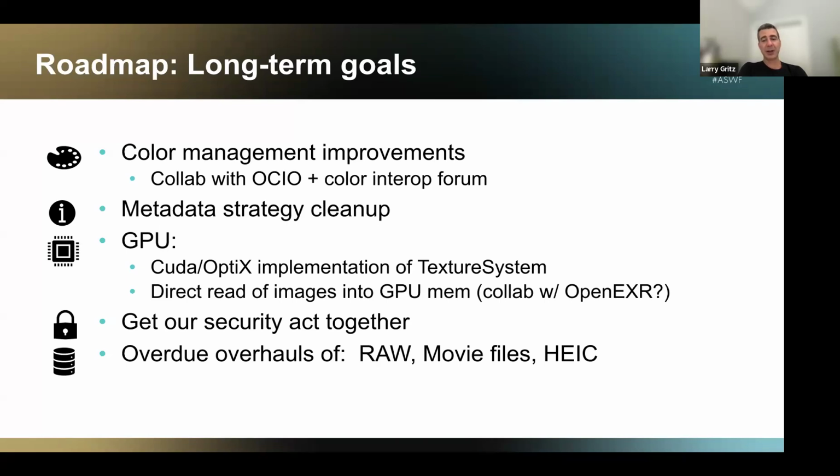In particular, areas I want to highlight are the DSLR RAW formats, our handling of movie files, and HEIC files. In all of those cases, what's there works, but it's been a little bit cobbled together and maintained by people who aren't experts in those particular areas. I think all could use a rethink in a lot of ways.